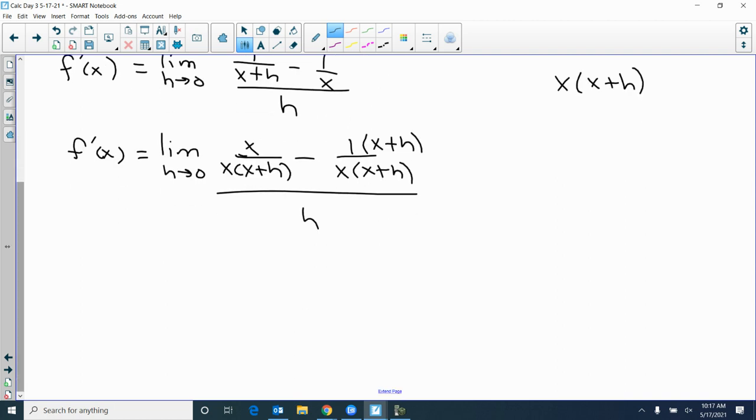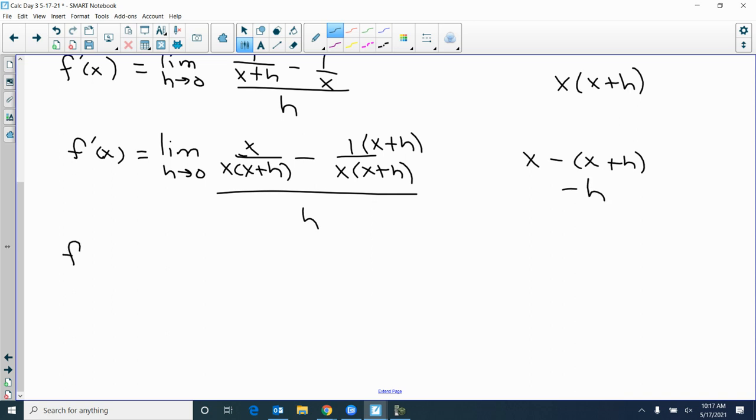Okay. We can distribute that x and make it x squared plus xh, that's fine. But what are we going to get in the top? You got x minus x plus h, and when you simplify it, what are we going to end up with? Just negative h.